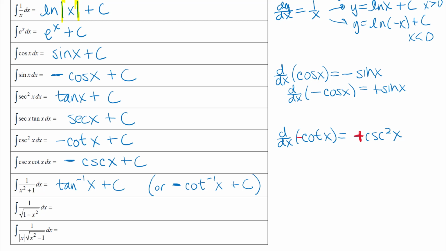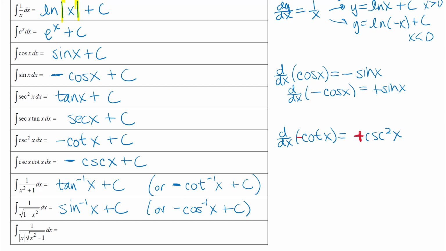All right, the next one here, the function whose derivative is 1 over square root 1 minus x squared is sine inverse of x plus c, or negative cosine inverse of x plus c. And one more here.